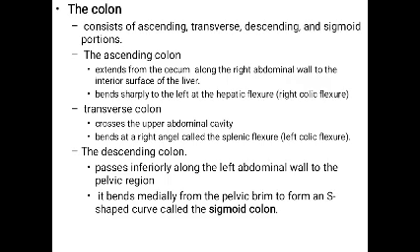The descending colon passes inferiorly along the left abdominal wall to the pelvic brim. It bends medially at the pelvic rim to form an S-shaped curve called the sigmoid colon.